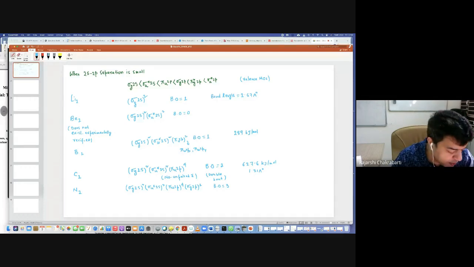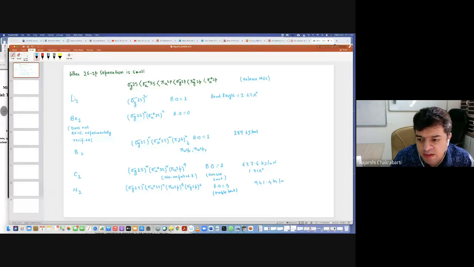So basically you have a triple bond. And one can tell you this dissociation energy is quite large, 941.4 kilojoule per mole. And since it's a triple bond, the bond length is also very small in diatomic nitrogen.